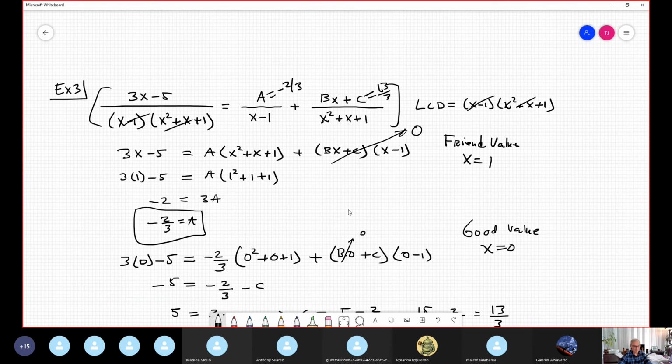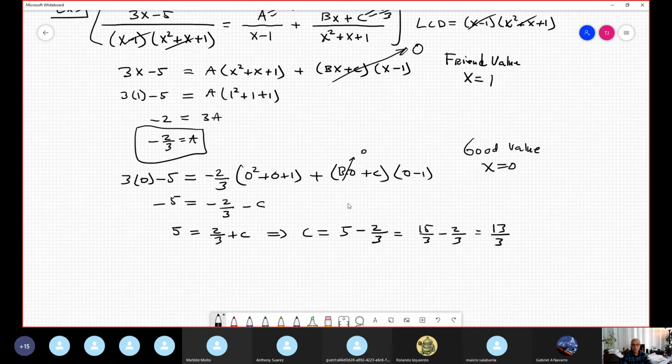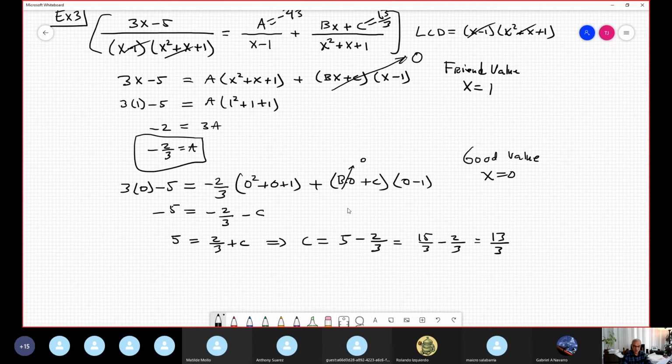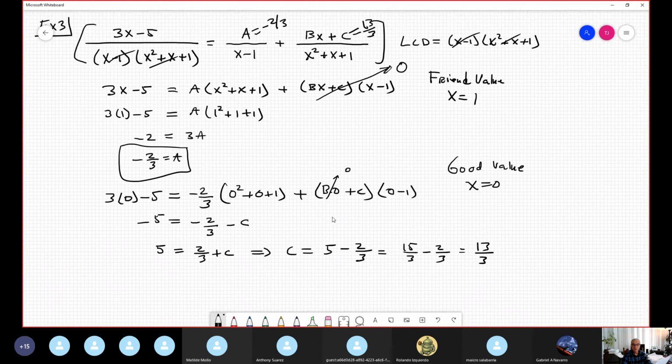Positive or negative? Now, let me see. I made a mistake in one part. Multiply by negative 1. It's positive. Yes, it's positive. 13 over 3. We did well.